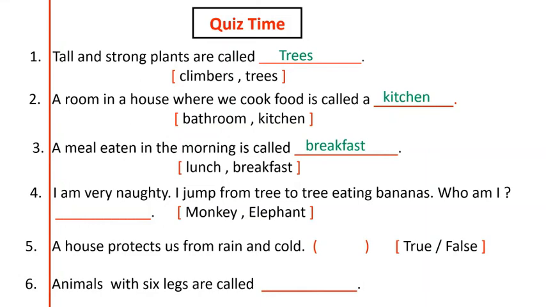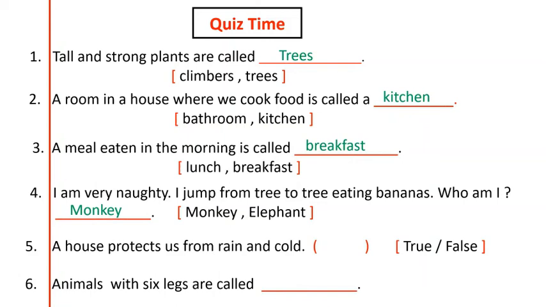Who am I? Options: monkey, elephant. Think, children. I am very naughty. I jump from tree to tree eating bananas. Who am I? Yes, very good. It is monkey. Monkeys love eating bananas, right?